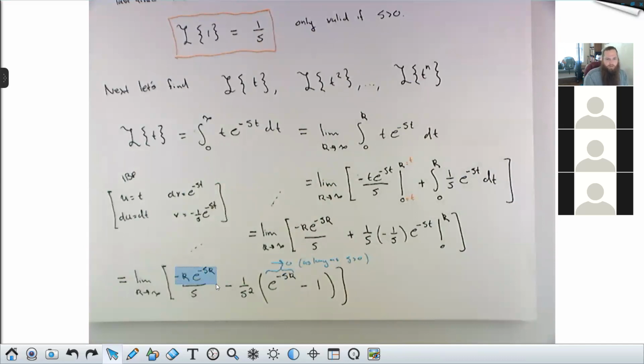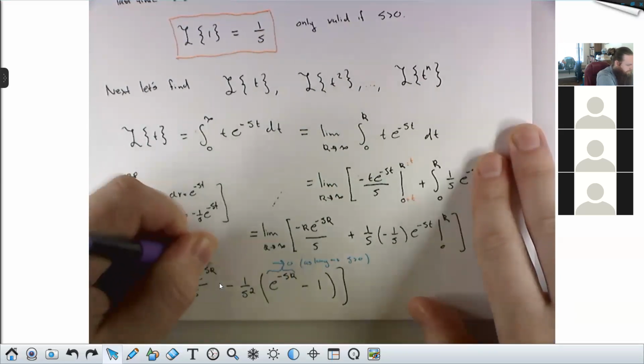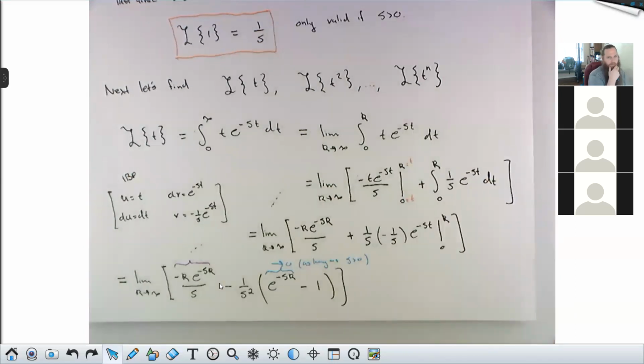This piece, remember the s downstairs here is constant. What does this piece do and why? We'll go to positive infinity, correct? Or would it go to negative infinity? So the r piece on its own here, this would go to negative infinity.